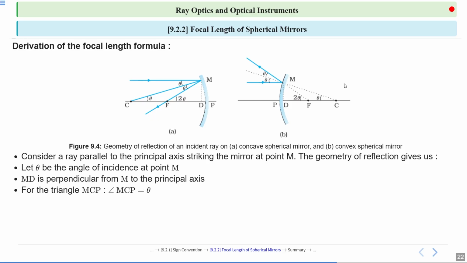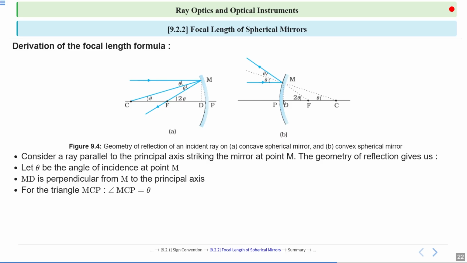For the triangle MCP, in actual the triangle is MCD, but D and P are very close to each other. We are talking about paraxial rays, meaning rays very close to the principal axis.